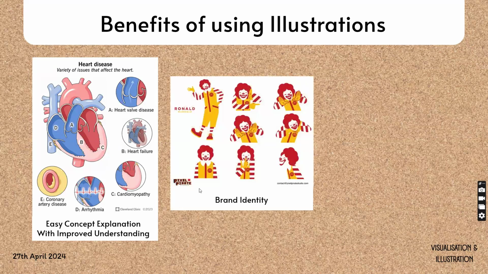Similarly, a benefit of illustration is brand identity. Like for McDonald's, we have seen they have this Ronald McDonald image, which avoids looking for models or something, and which gives a unique identity to the brand.